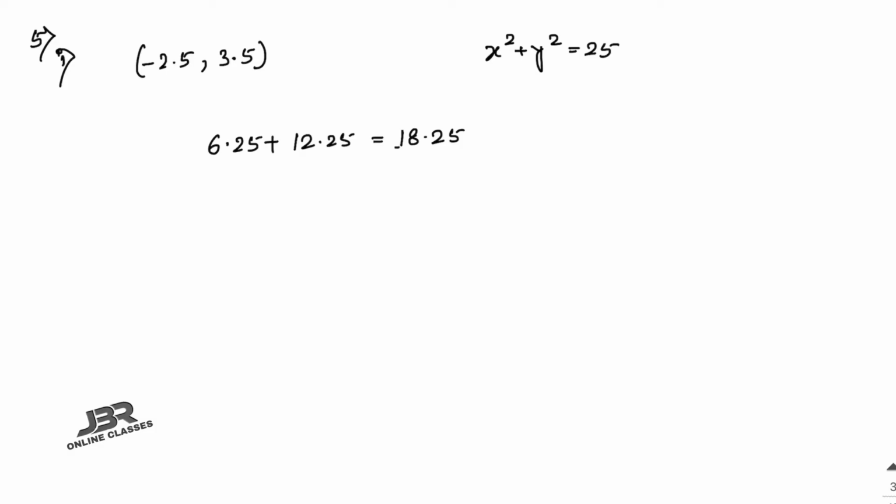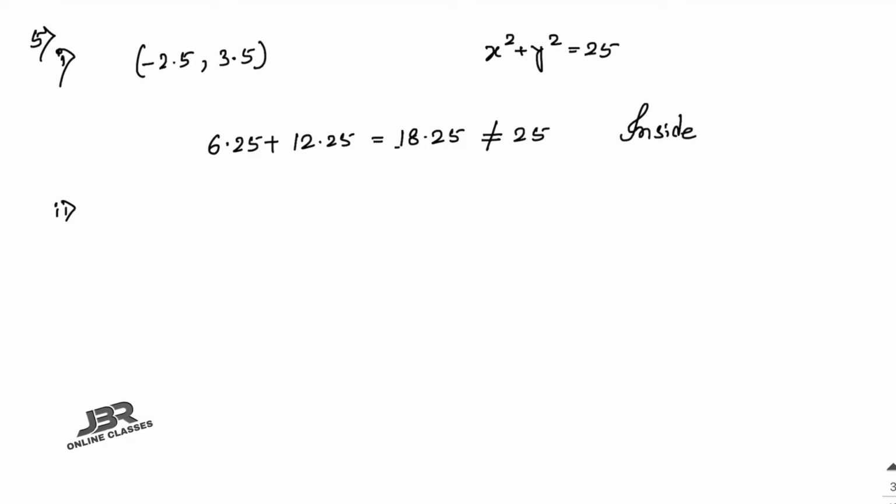Okay, 18.25 is not equal to 25, so that means this point does not lie on the circle. And as this one is less than 25, definitely it will be inside the circle.